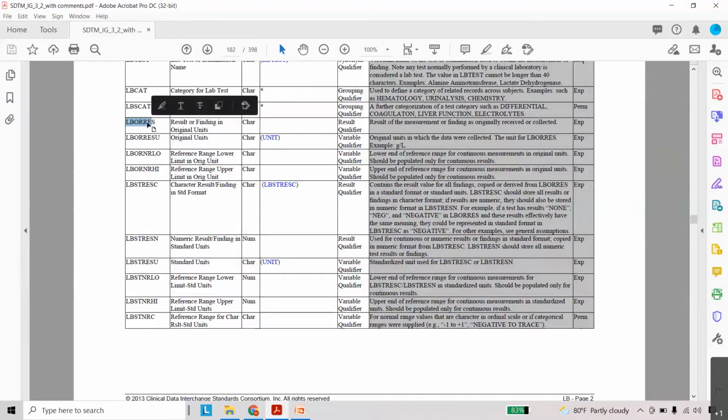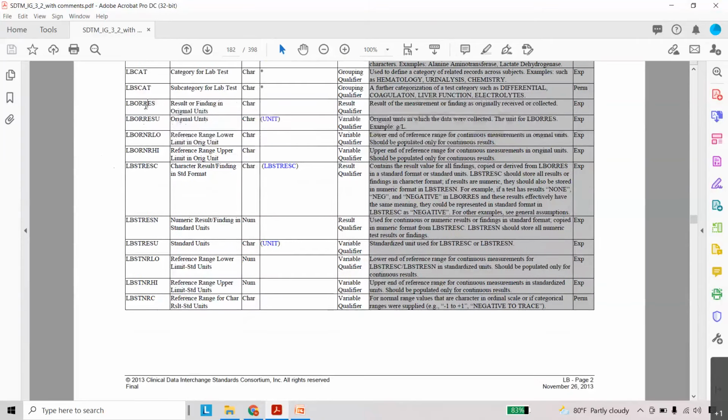Conversion from the original results to standard results is always important, and we will discuss the laboratory standard results conversion. Since we have the laboratory original results, we should have the laboratory original results units. If a particular test's original results are present but the original results units are missing, that is a data issue.